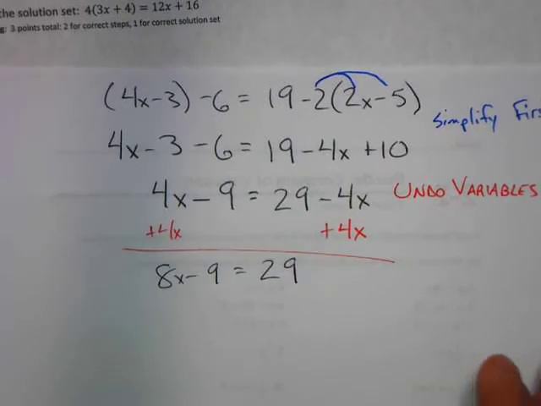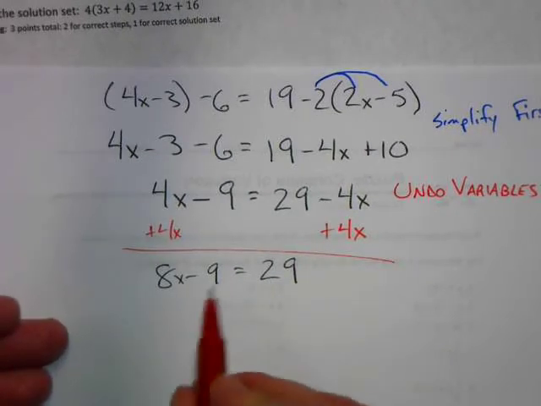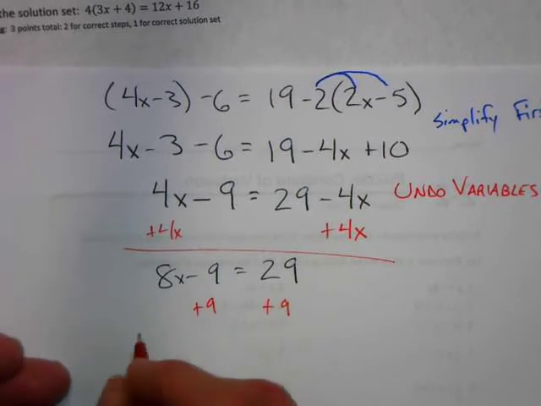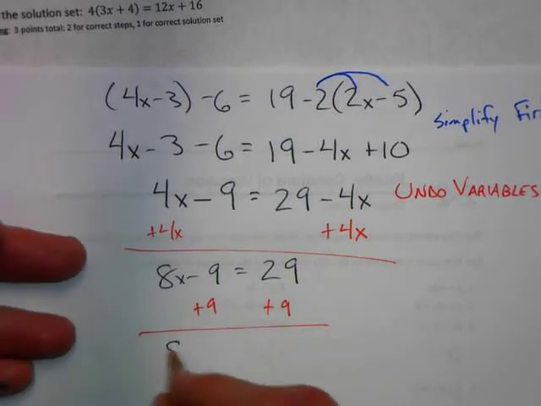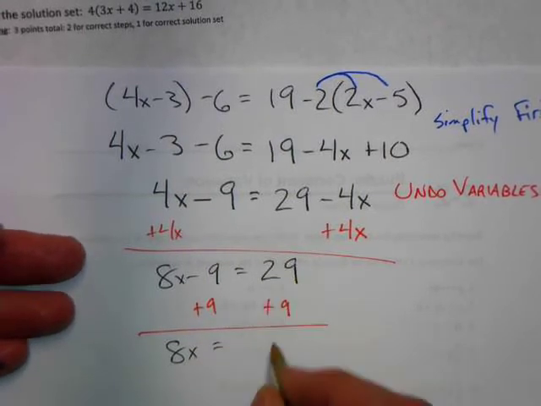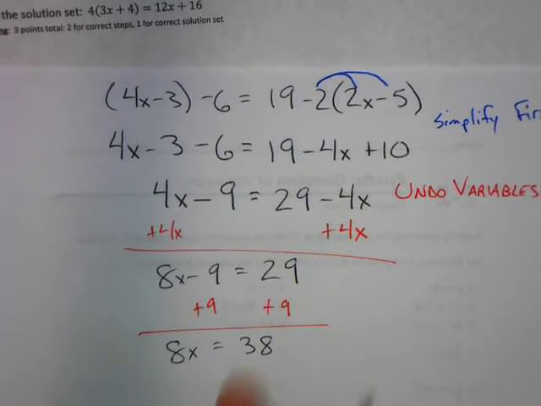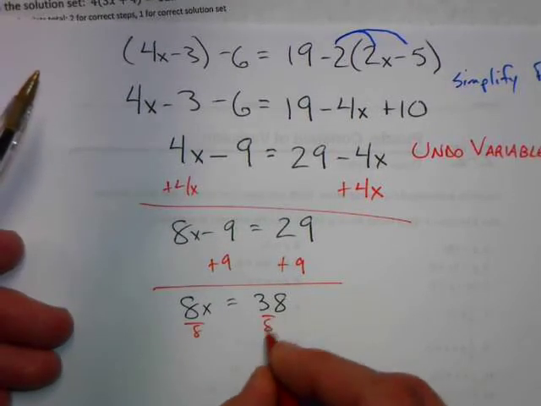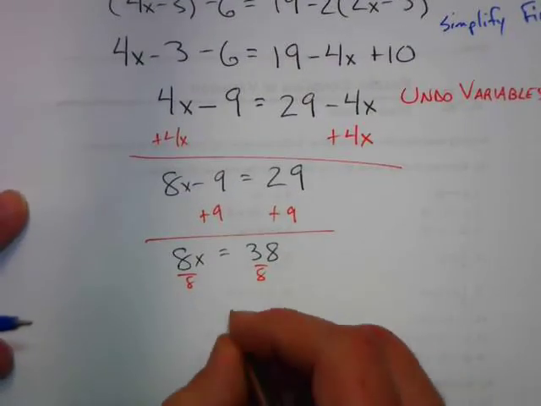And now it's easy to see I have a two-step equation. So I'm going to undo minus 9 first. And then everything else is easy to follow. 29 plus 9 is 38. And then lastly, we can divide both sides by 8. And we have our solution set.